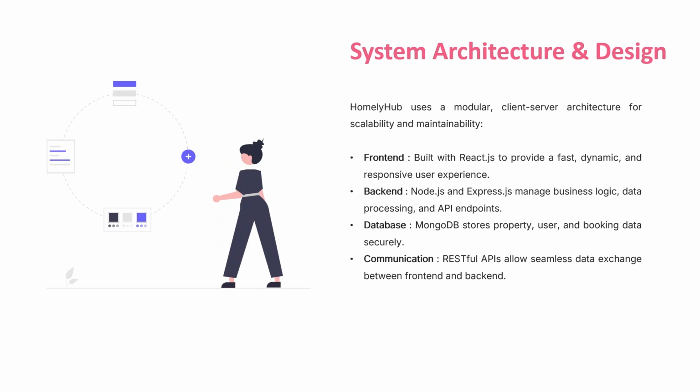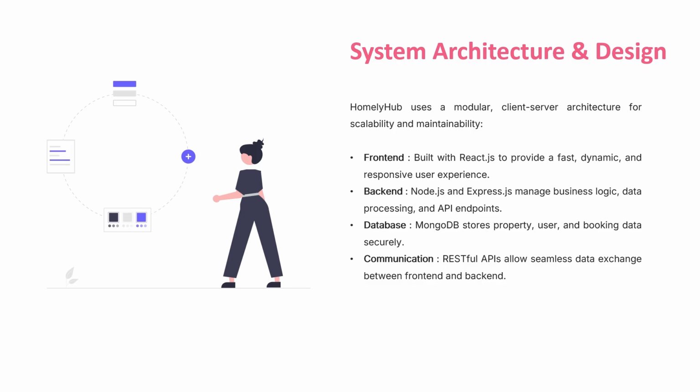Now let's understand the system architecture and design of HomelyHub. I used a modular client server architecture for the scalability and maintainability of this project. For the frontend, I used React.js to provide a fast, dynamic, and responsive user experience.